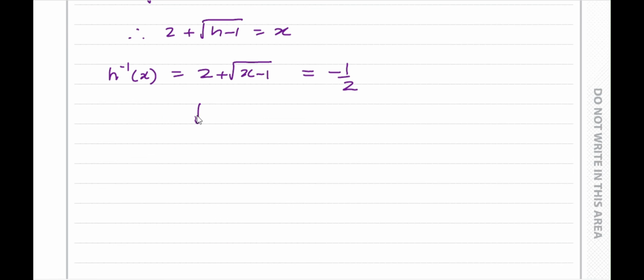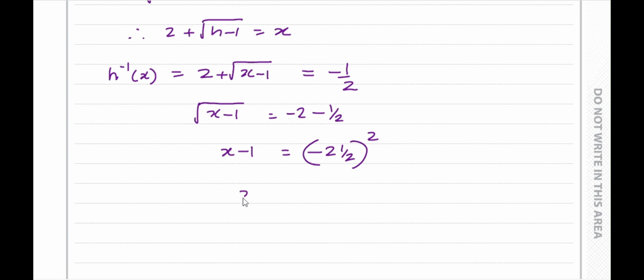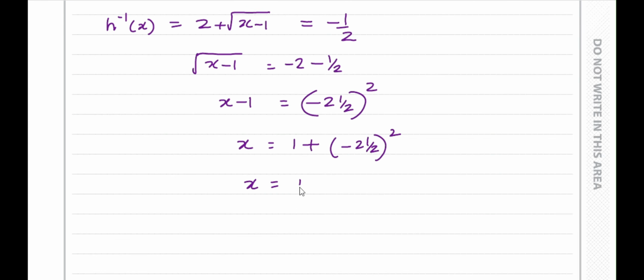Therefore, the square root of (x minus 1) equals minus 2 minus half, or (x minus 1) equals (minus 2.5) squared, and x equals 1 plus (minus 2.5) squared. That is, x equals 1 plus 25 over 4, which is equal to 29 over 4, resulting in 7 and 1/4.